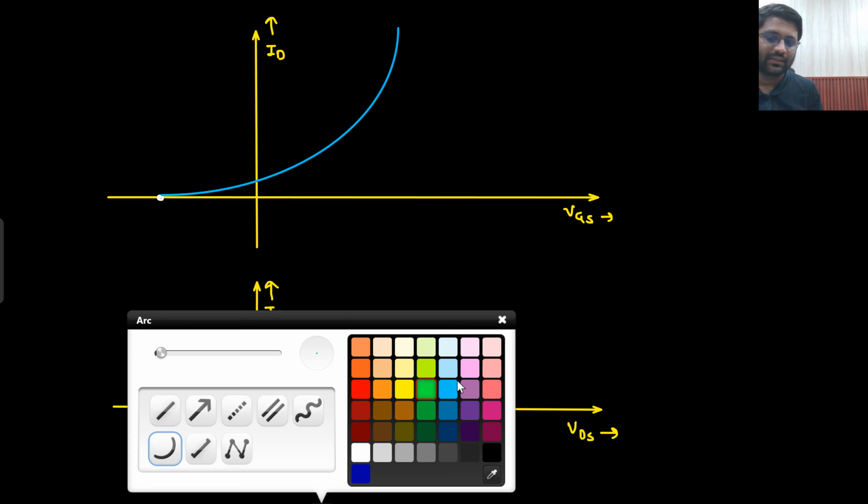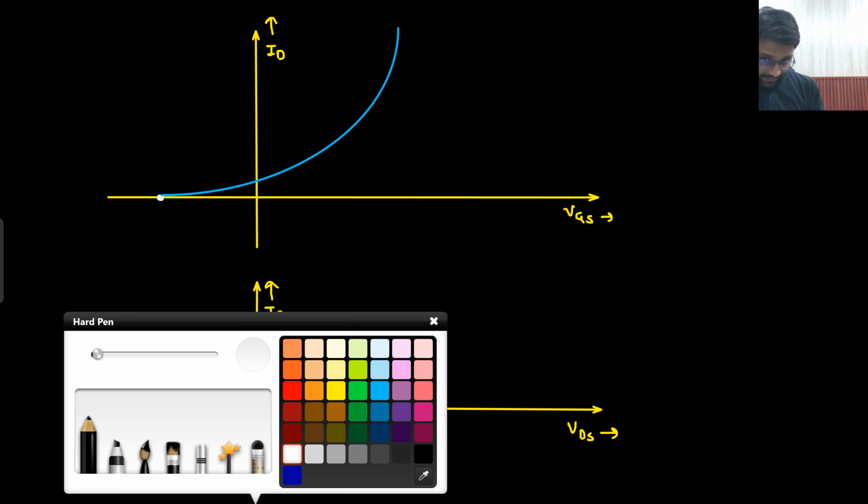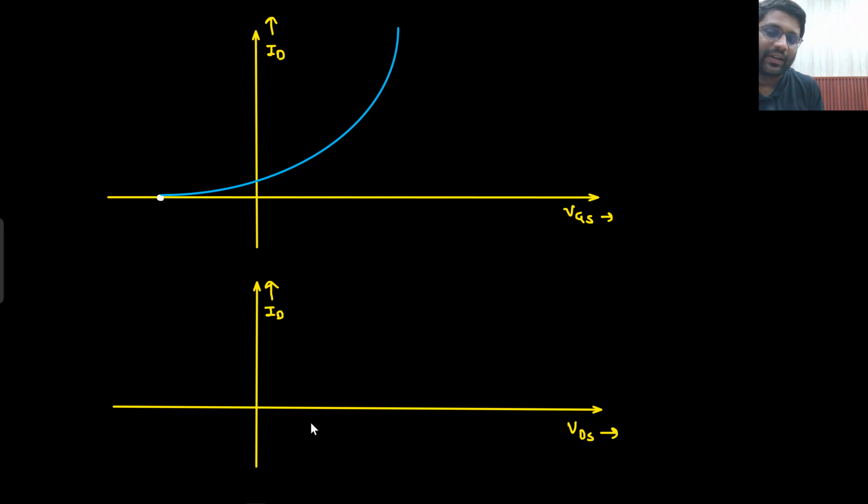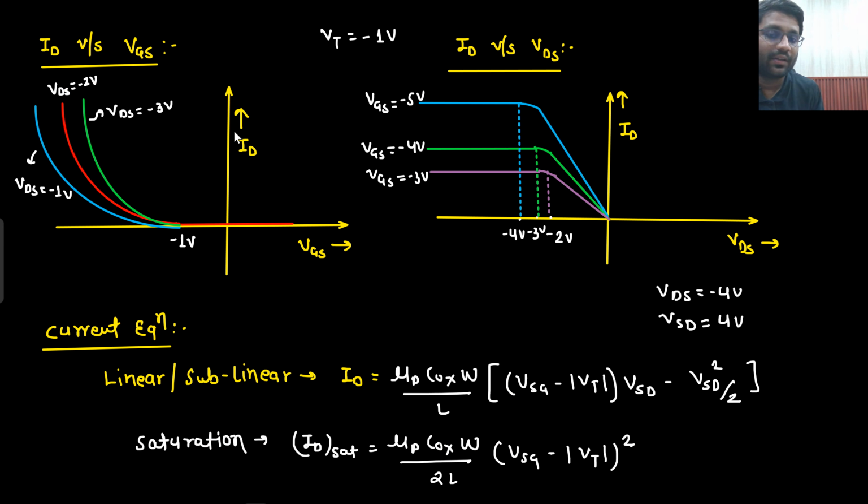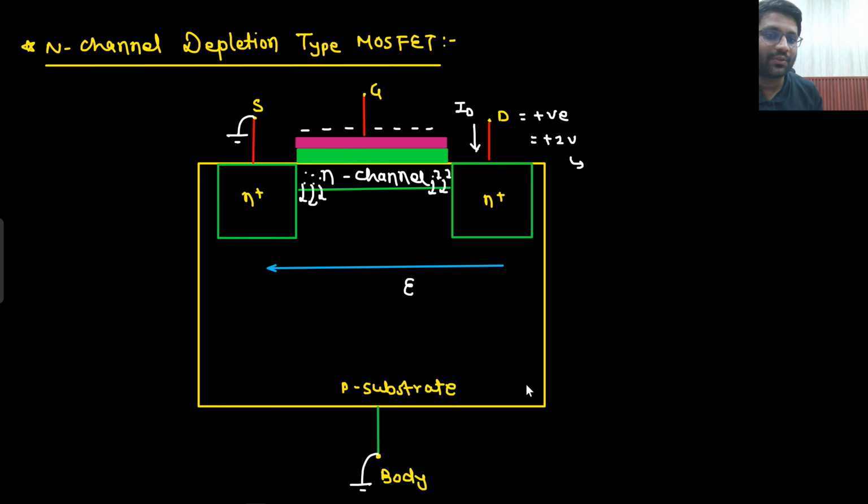Similar kind of characteristics you can get. So basically this point is known as the threshold point. The threshold voltage for depletion type MOSFET and the threshold voltage for enhancement type MOSFET are completely different. In depletion type MOSFET, what is threshold?